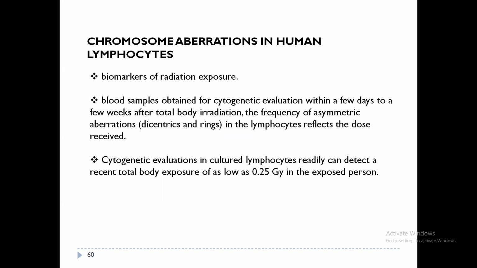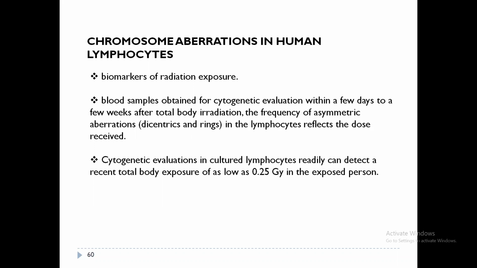Blood samples are obtained for cytogenetic evaluation within a few days to a few weeks after total body irradiation, and the frequency of asymmetric aberrations such as dicentrics and rings, which we have just seen in the lymphocyte, reflects the dose received by the cells.